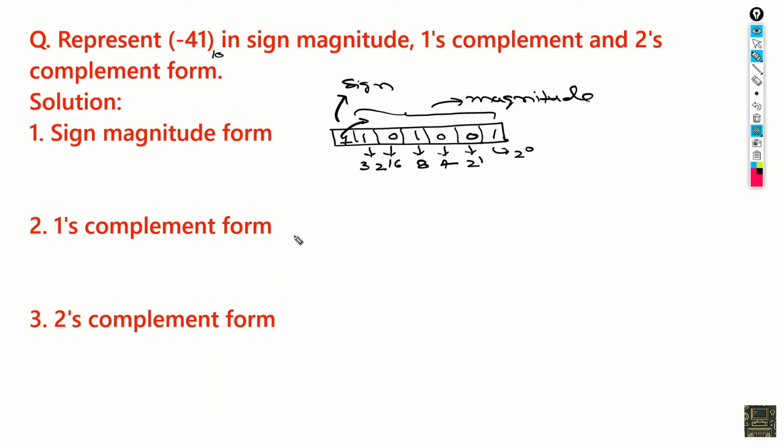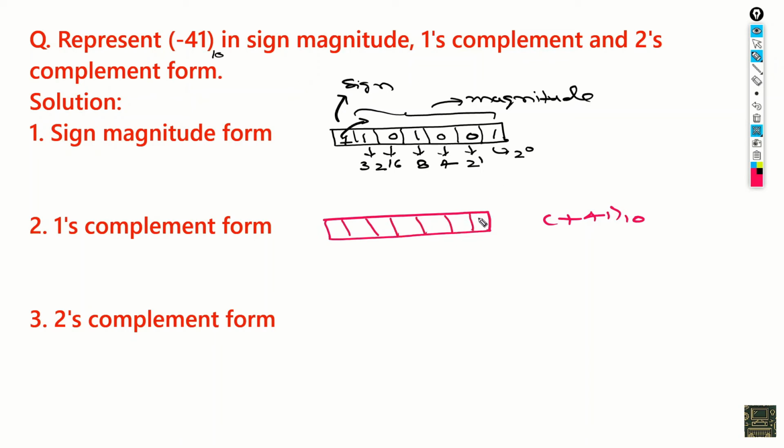Now let us see how to represent this in 1's complement form. Since this is a negative number, we will first represent the number in positive form using sign magnitude representation. So we are looking for the plus 41 representation in sign magnitude form.